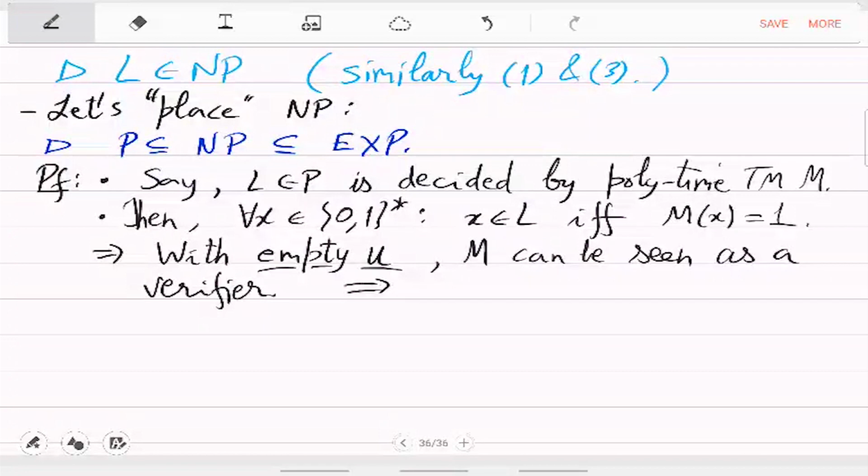Which means that L is in NP. Okay, so this is the trivial part. P is in NP. Every L which is in P is also in NP. This means that P is a subset of NP. It's a sub-complexity class, if you will, of NP.